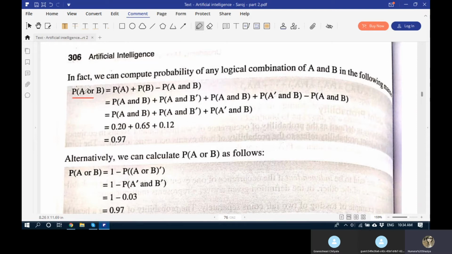Here you are trying to find the probability of A or B. For that we know P of A plus P of B minus P of A and B, which is equal to P of A and B plus P of A and B complement plus P of A and B plus P of A complement and B minus P of A and B. So when you write like this, you get A and B, you get A and B complement, and you get A complement and B. So you get these three values from this distribution.